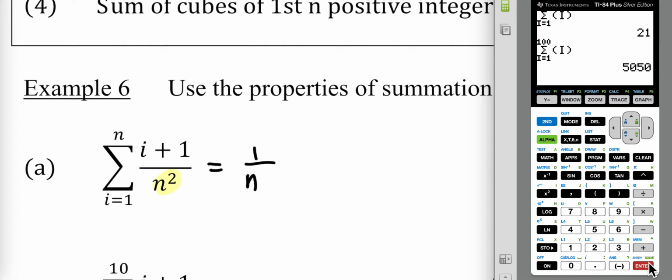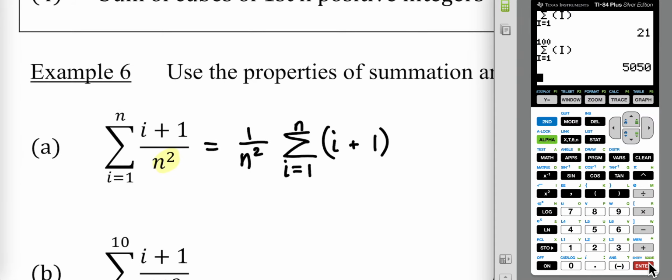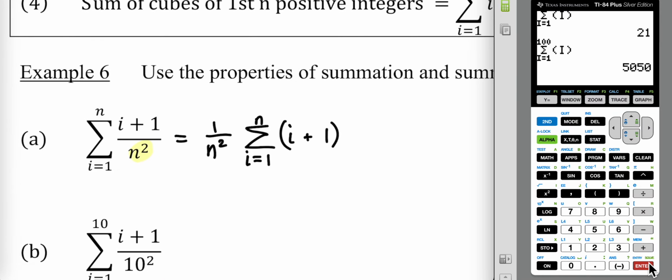So I'm going to pull out a 1 over n squared. I'm going to have a summation i equals 1 to n, and then I'll have an i plus 1, right? So it's the summation of this i plus 1. Now, one of our properties tells us that I can break up a summation by the plus sign.